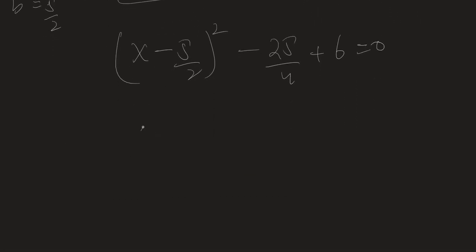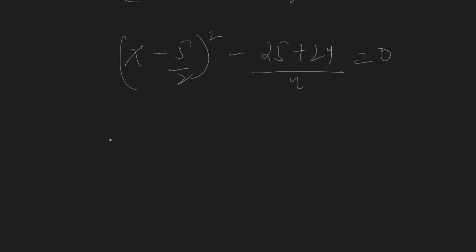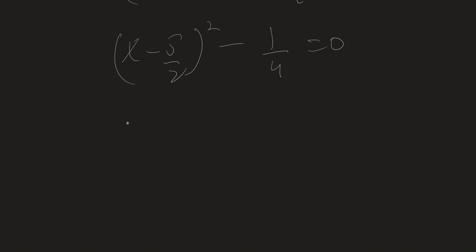Then we'll simplify this. We'll get minus 1 by 4. And we're going to take minus 1 by 4 to the other side and take the square root.